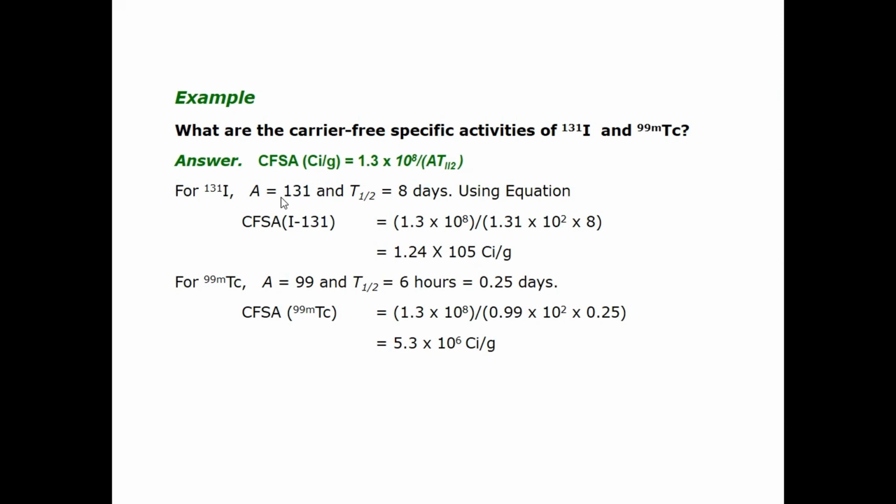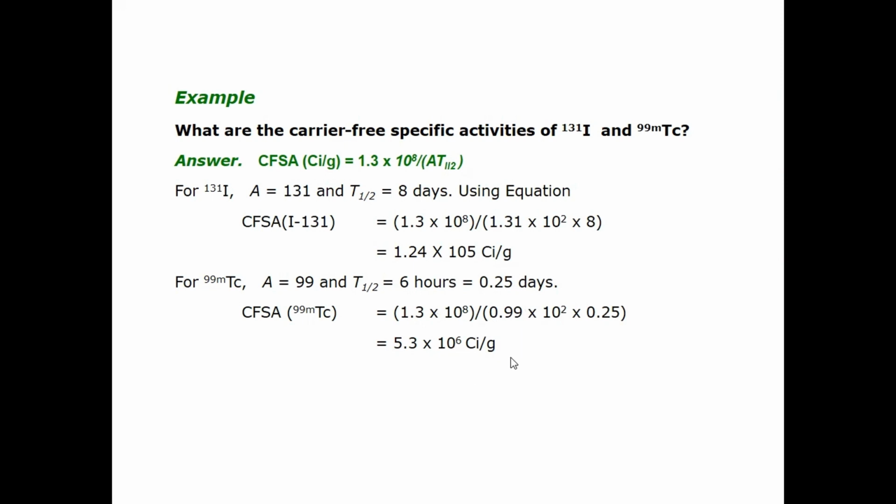For iodine, the mass number A is 131 and the half-life is 8 days. We use the equation with 8 days, write it down and convert. The answer is about 10 to the power 5. For technetium, A is 99 and the half-life is 6 hours, which is 0.25 days. Substituting this, we get 5.3 times 10 to the power 6 curies per gram.